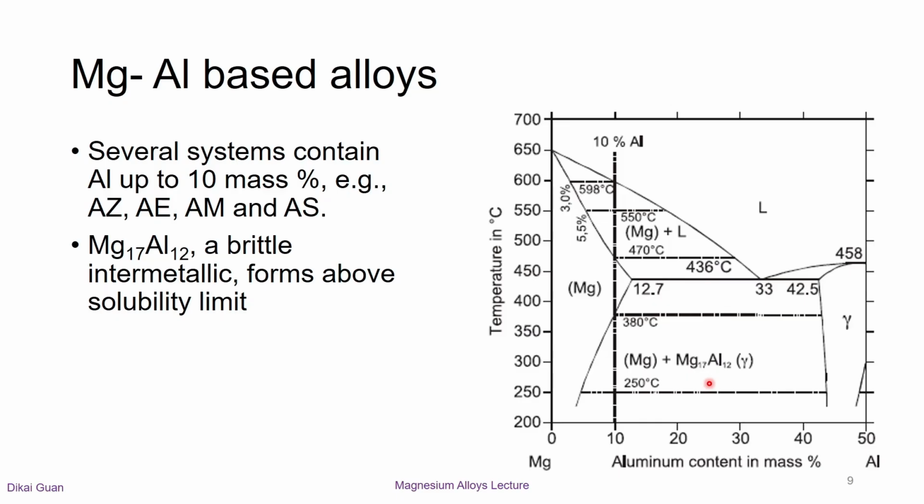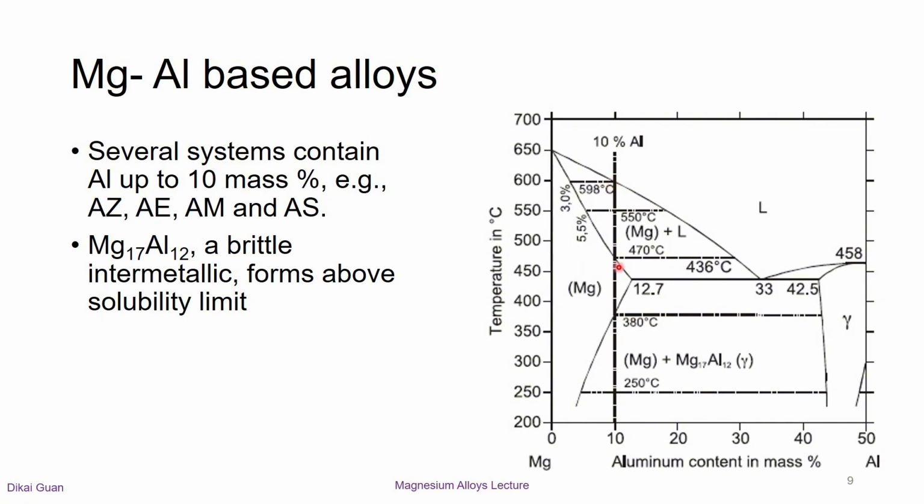The figure also shows a phase evolution of magnesium-10 weight percent aluminium alloy. When the temperature cools down to 598 Celsius degrees, it starts to solidify and magnesium comes out from the liquid melt.